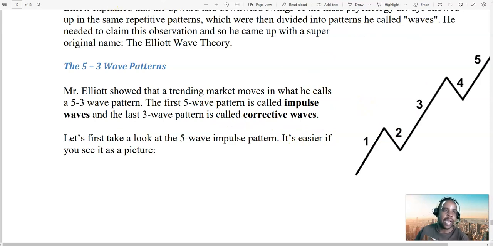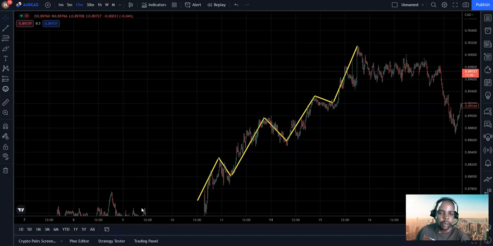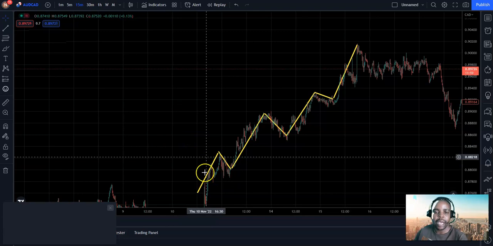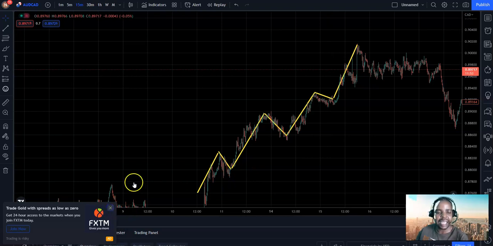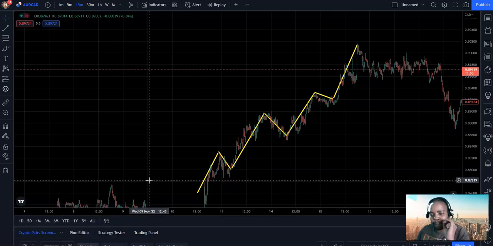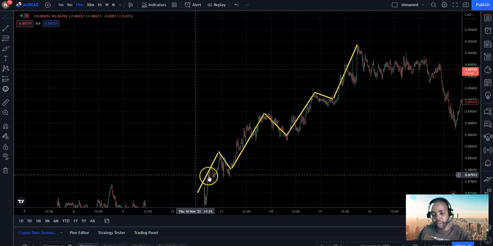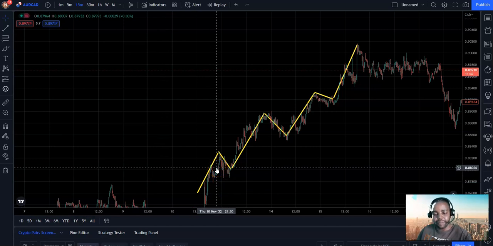And here I have a real-time example on the chart that I picked up when I was opening the show. I might have extended it just a little bit, but this is how you would do it using trend lines. It doesn't have to be an accurate, perfect Elliott wave theory like you see in the books and PDFs.